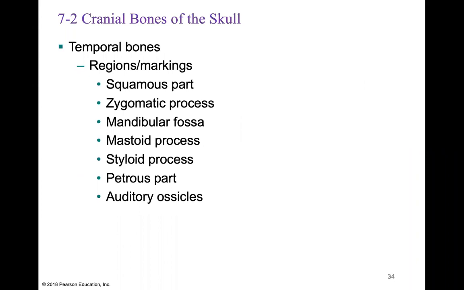Some markings of the temporal bones: you have the squamous region, the zygomatic process, the mandibular fossa, the mastoid and styloid processes, which are important for muscle attachment, and then the auditory ossicles, which are those tiny little bones.